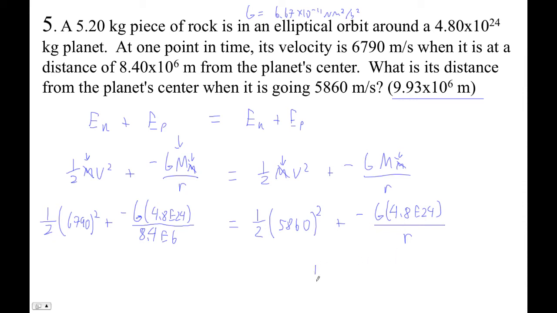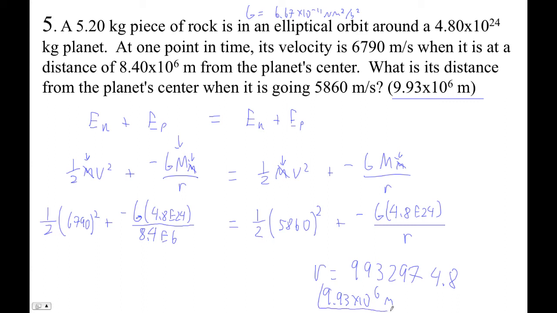And I get r is 9932974.8. My TI calculator very unhelpfully does not put this in scientific notation. So let's see, 1, 2, 3, 4, 5, 6. 9.93 times 10 to the 6th meters.